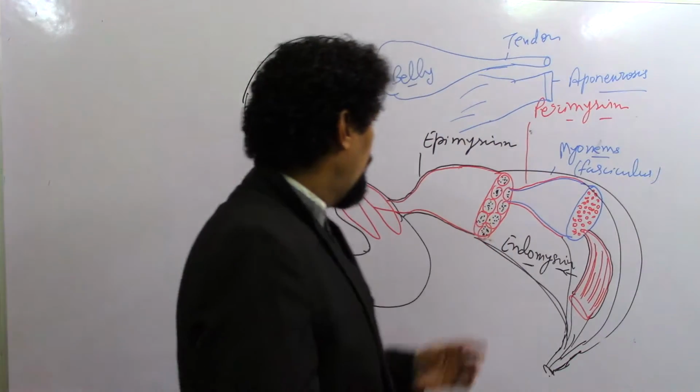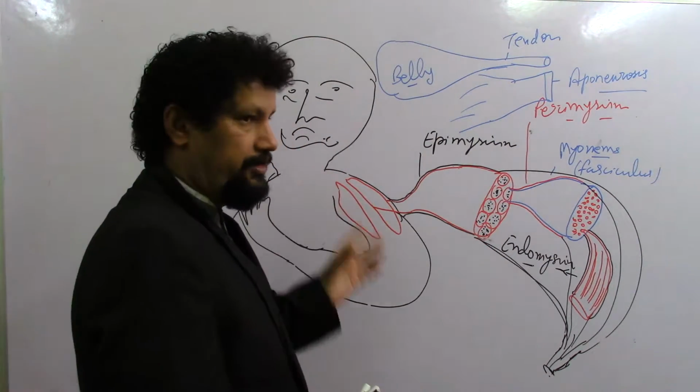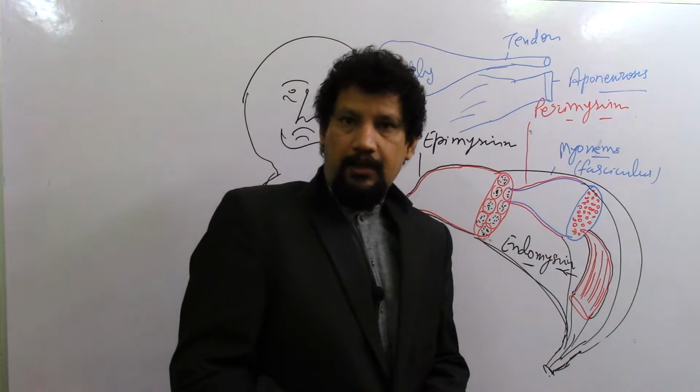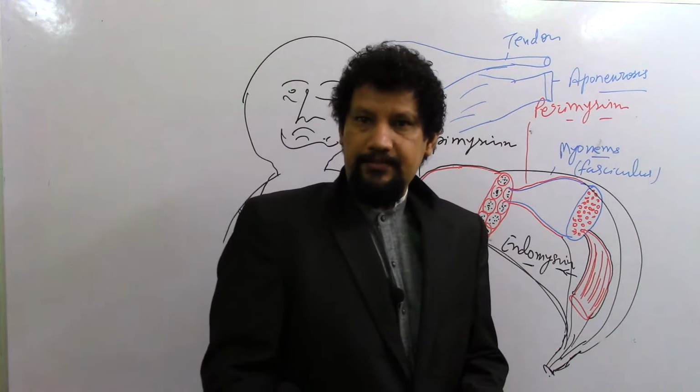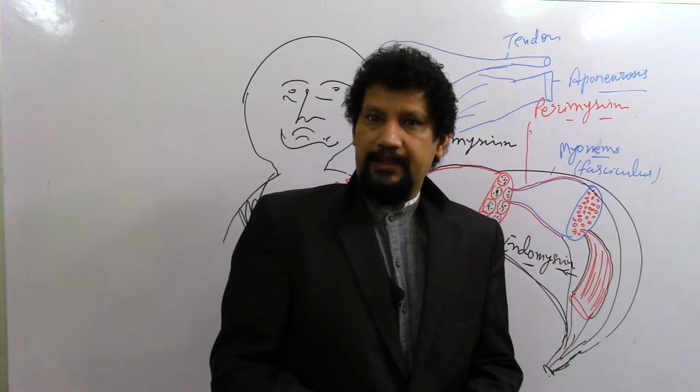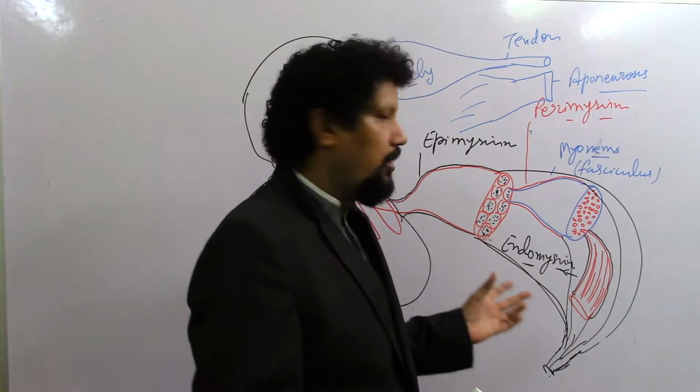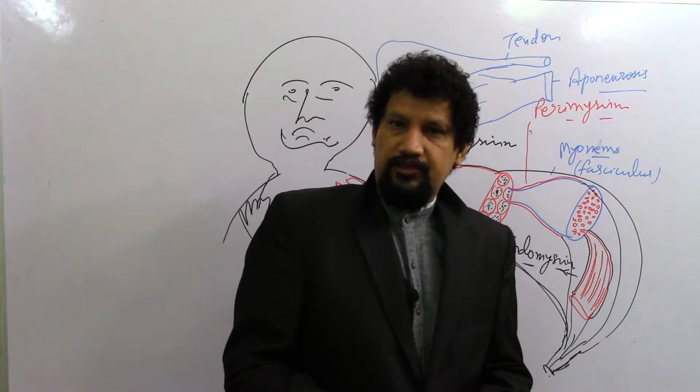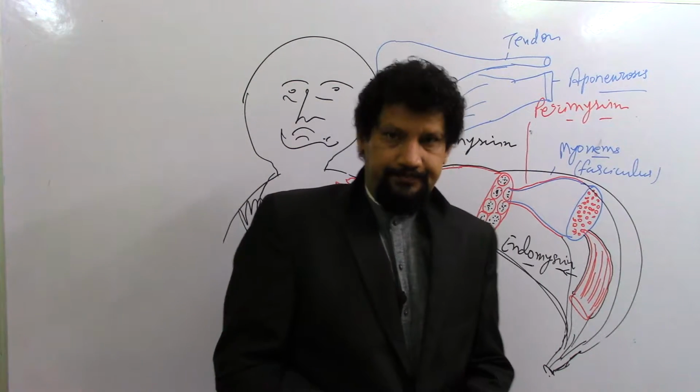Up to now, we have seen the three types of muscles, differences between all three types, and basic properties of all three types, or I can say the muscular tissue of the body.